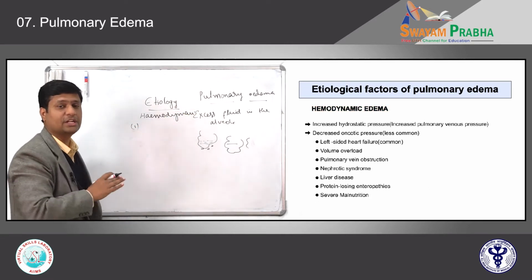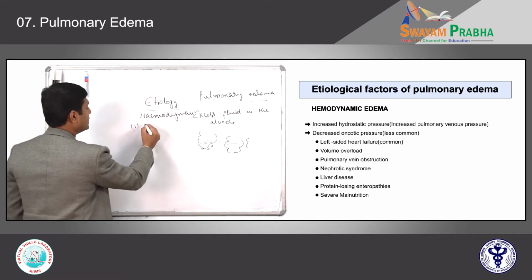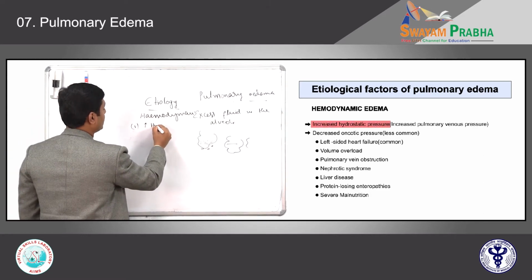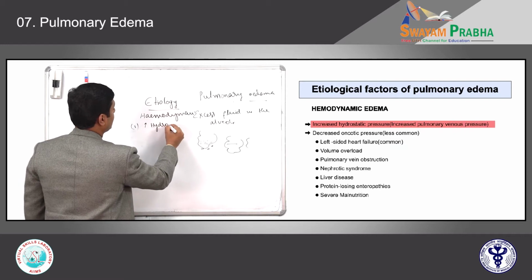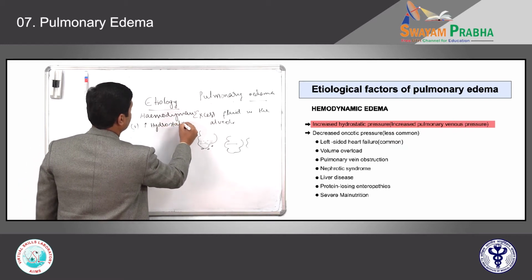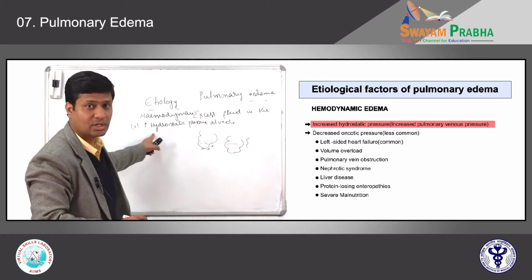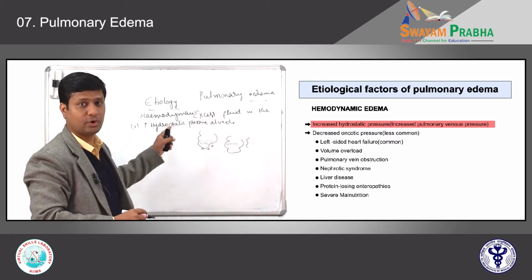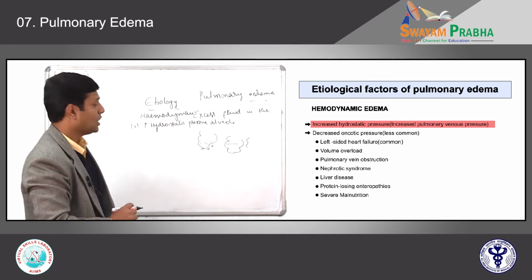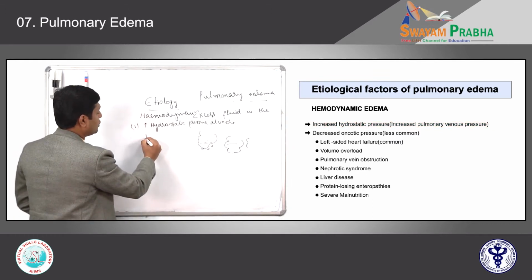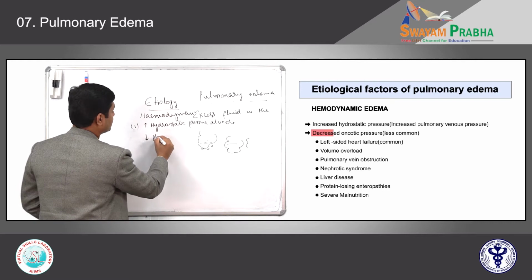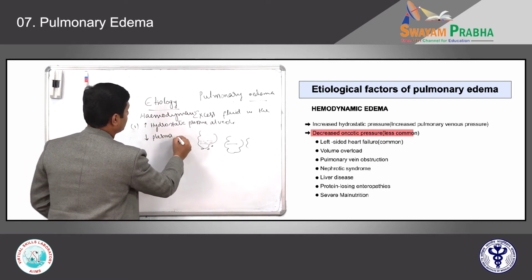One, any condition which causes increased hydrostatic pressure that causes accumulation of excess fluid in the lung alveoli, and two, any condition which causes decreased plasma oncotic pressure.